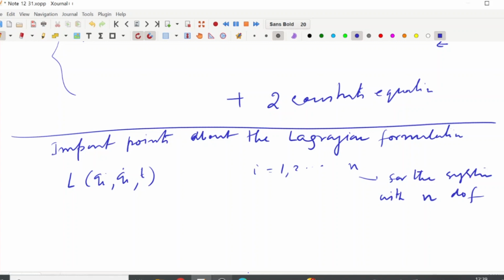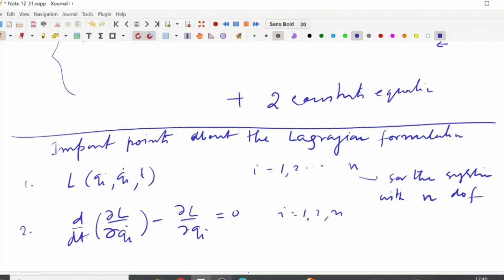Okay. So, for each i you have to find the equation of motion, that will come later, and so this is the first point. The second point is that you get a second order differential equation given by d/dt of del L del qi dot minus del L del qi equal to 0 for i equal to 1 to n.